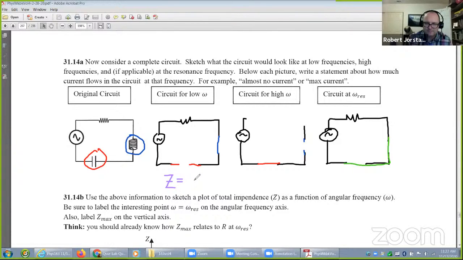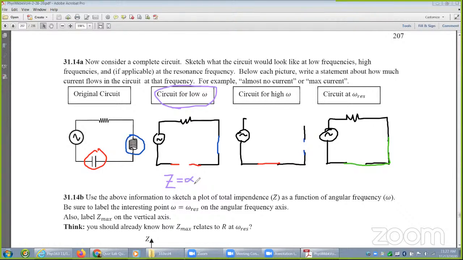Can you repeat the question? Sorry. In this circuit here, the circuit for low omega, there's an open circuit. Is that going to be a large amount of impedance? Will it impede current flow a great deal, or will it be a small amount of impedance? Will there be a large amount of current? It'd be really large. Yeah. So let's just call it infinity.